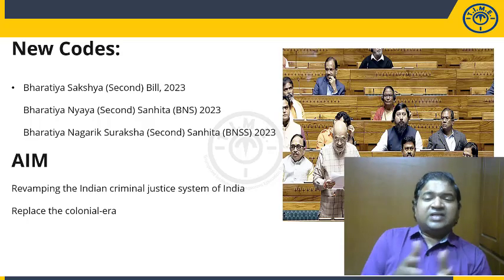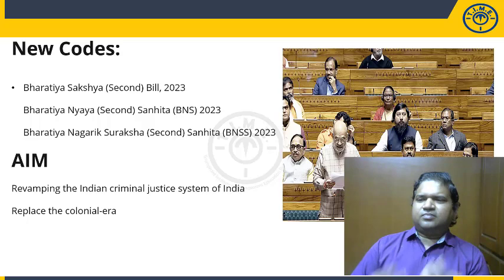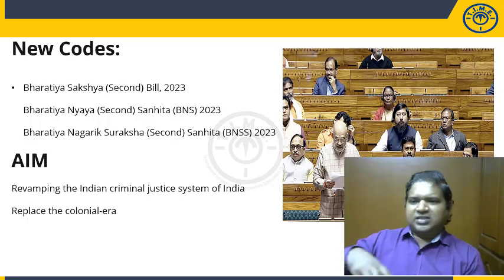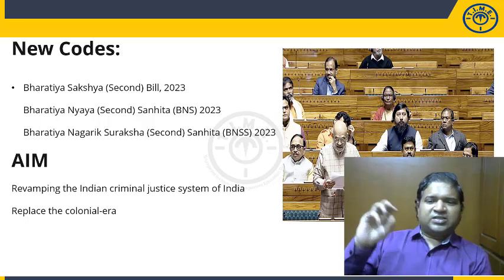Then the intention with which these laws were made was to control the citizens of India, the people of India, essentially, when the Britishers were there, to make sure that there is no revolt. There were provisions like sedition.